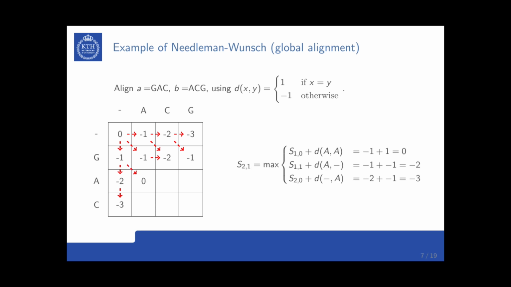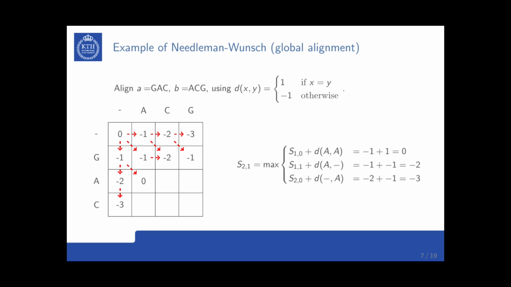Next step, we move down one row, and we select the first position in the second row then. So S21, and that could either be reached by a diagonal traversal where we match A and A. A versus A will score +1, and if you add that to the score -1, you will get a 0.